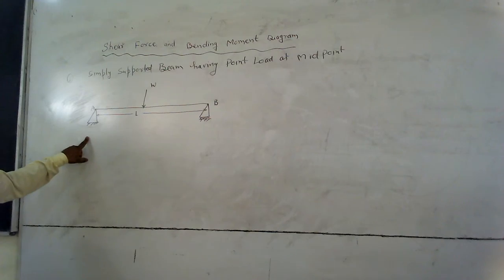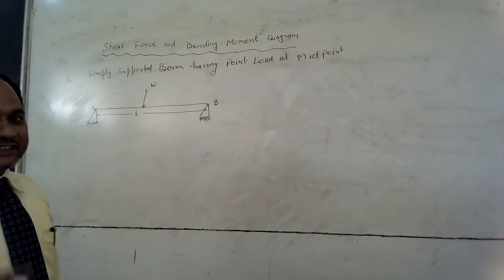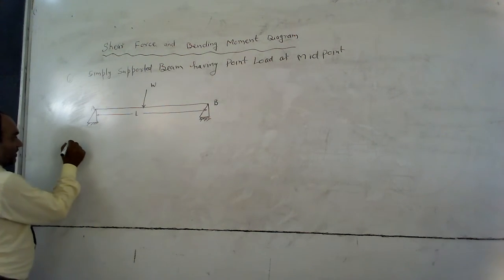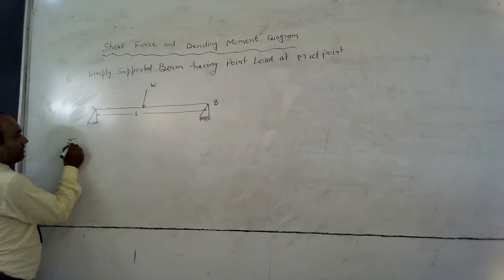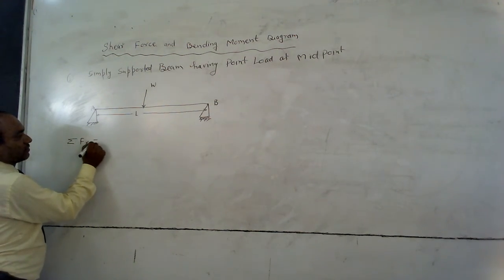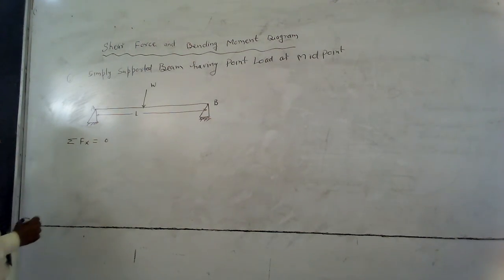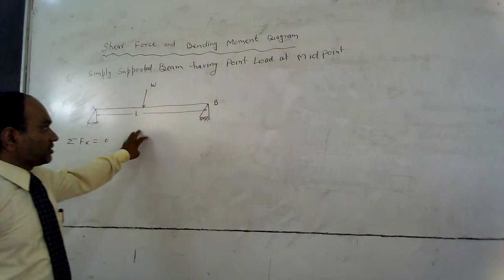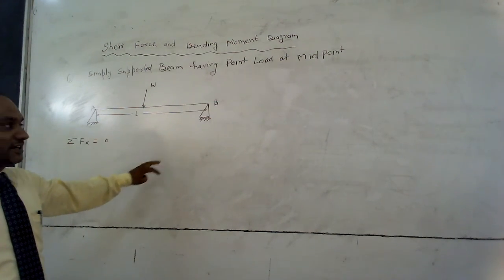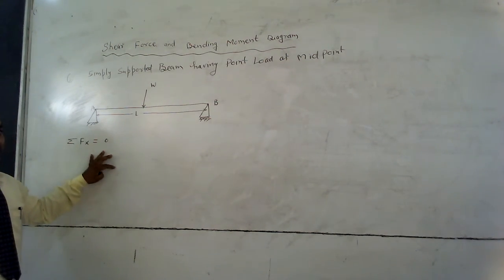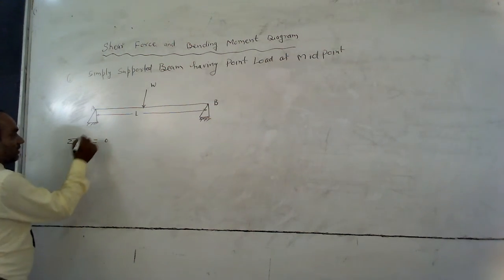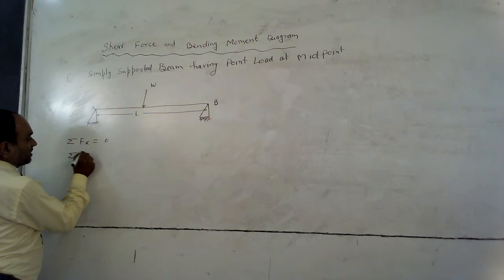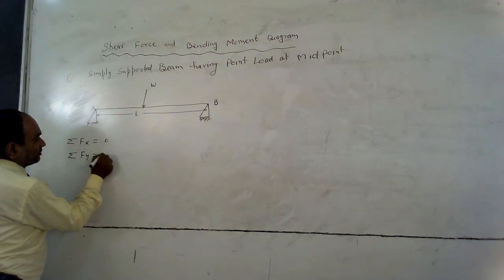First of all, we have to find the reactions at points A and B. Now applying the formula sigma Fx equal to 0. Here in this beam there is no load in the horizontal direction, so sigma Fx equal to 0. Next, sigma Fy equal to 0.